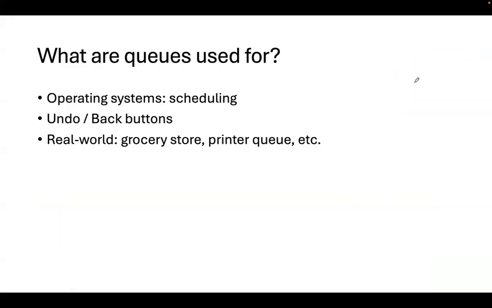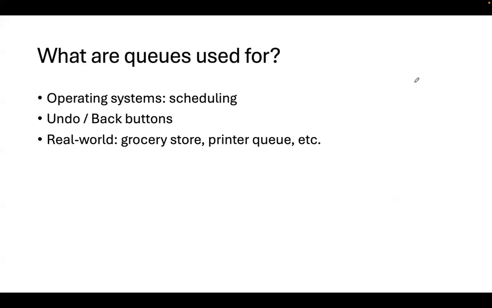Queues are also used for really important things. Your operating system on your computer schedules things. This is like all the processes, from I need to download the web page from the internet, to I need to keep the clock running, to I need to make sure that if you press a key, it shows up on the computer.